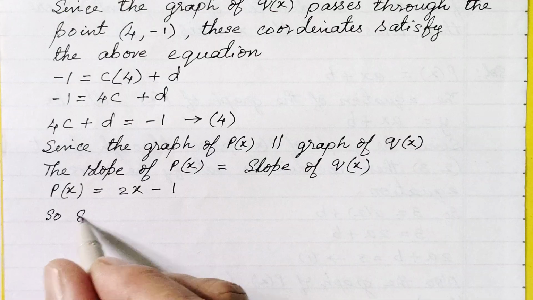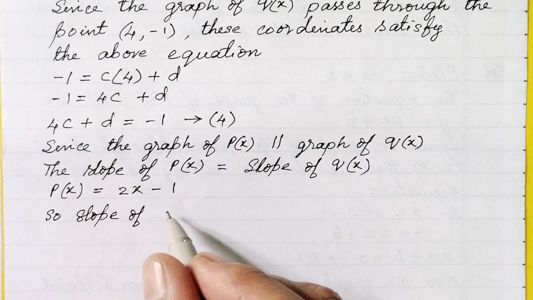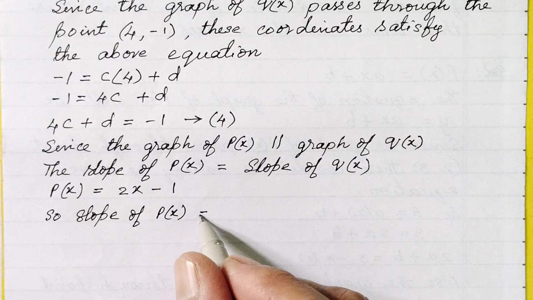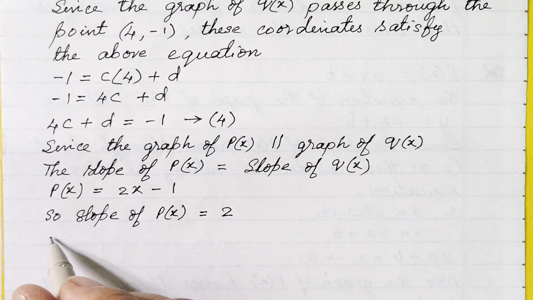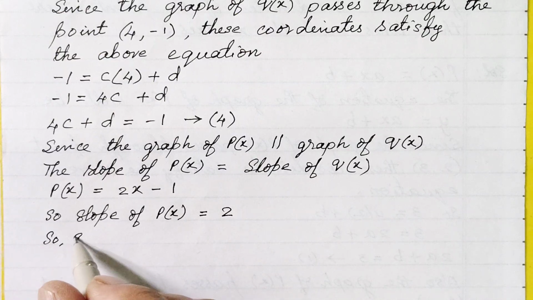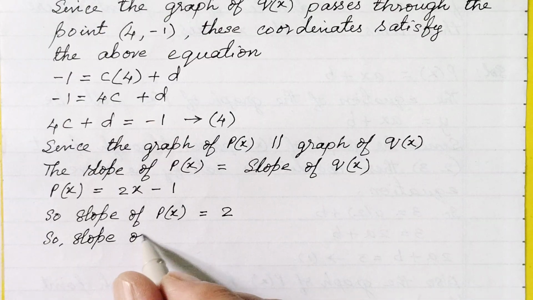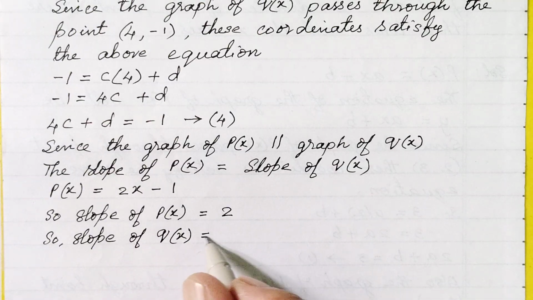So the slope of Px is equal to 2. So the slope of Qx will also be equal to 2.